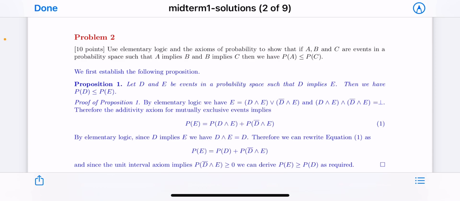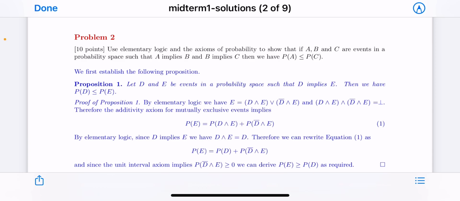Because whoever wrote this question could have written it saying, just give me events A and C, assume that A implies C, show P(A) is less than or equal to P(C). But the writer of the question did not do that.